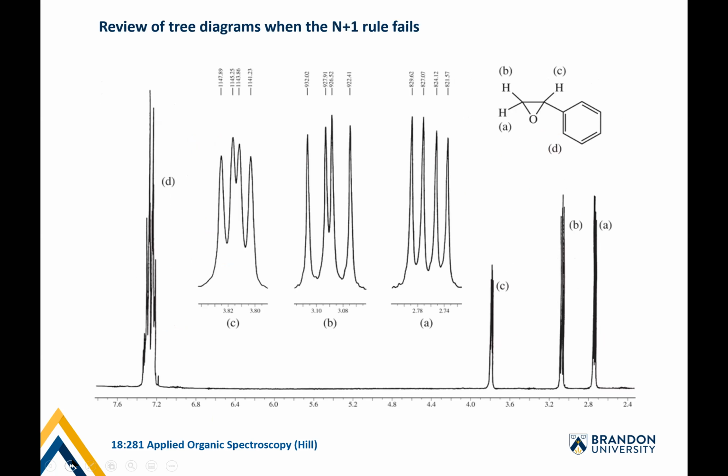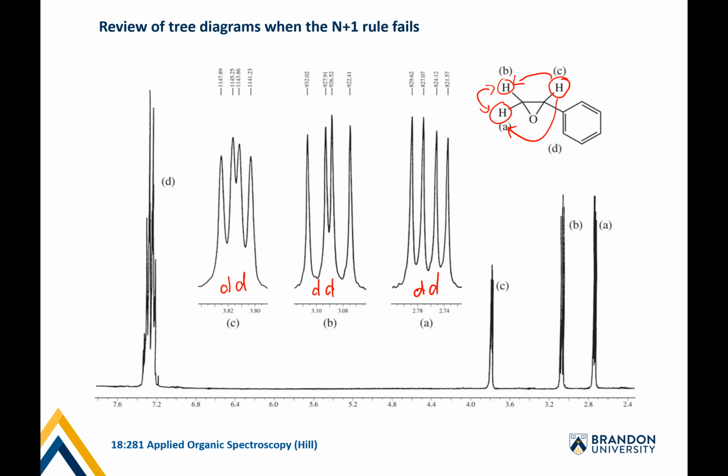And here's another example, an epoxide. This will couple here and this will couple there. These two will couple. So each proton, C, B, and A, are all going to be doublet of doublets. And the coupling constants are all going to be slightly smaller. So you see three different doublet of doublets here.